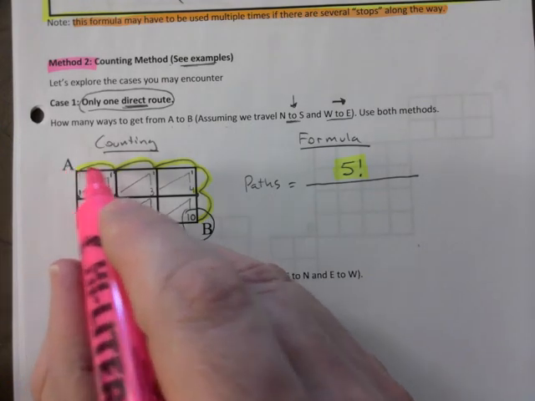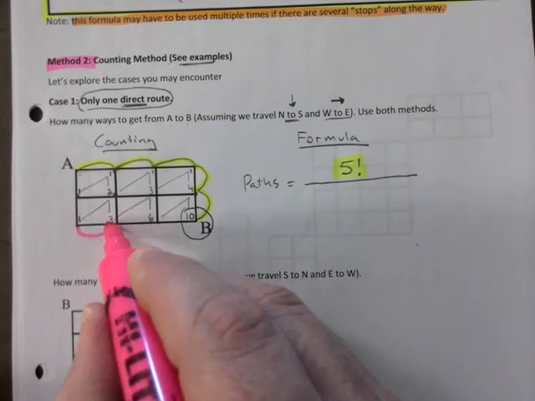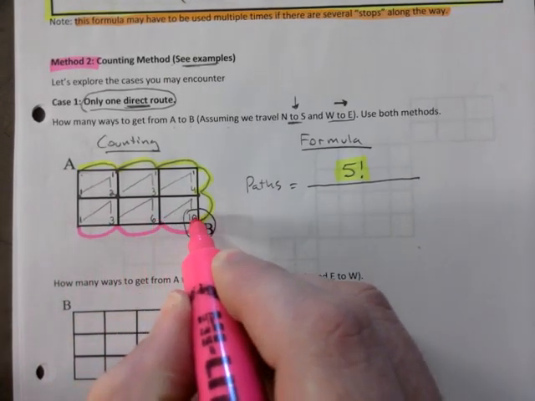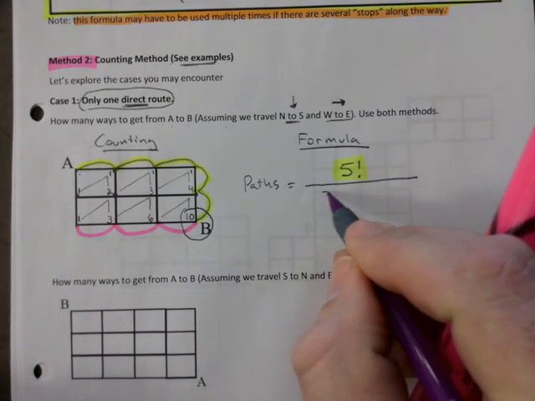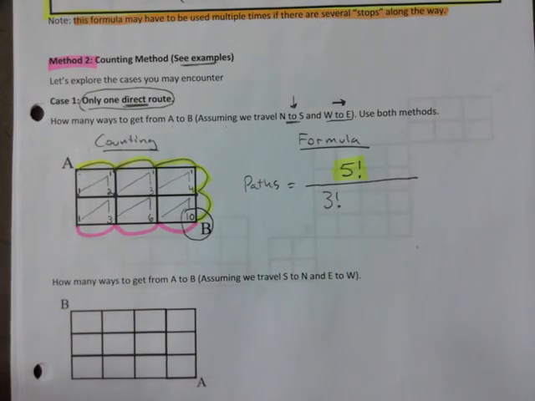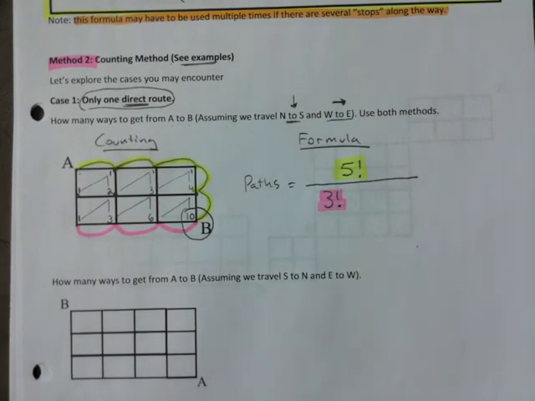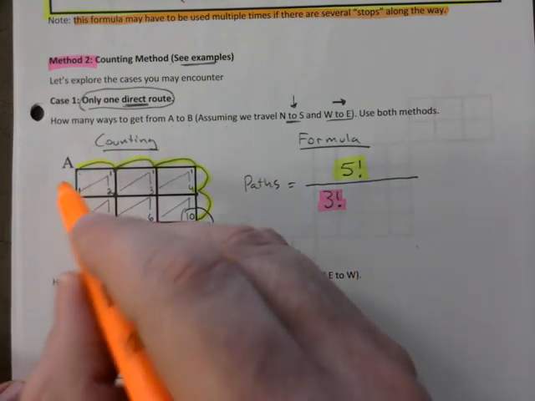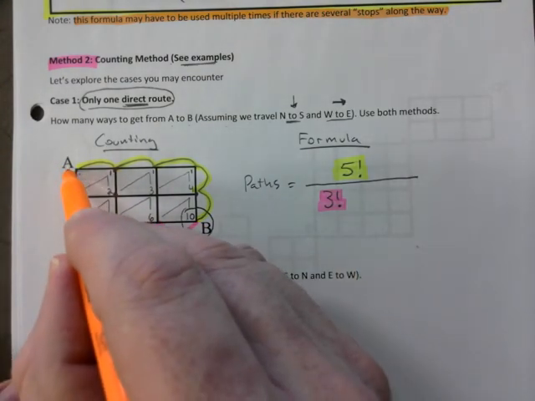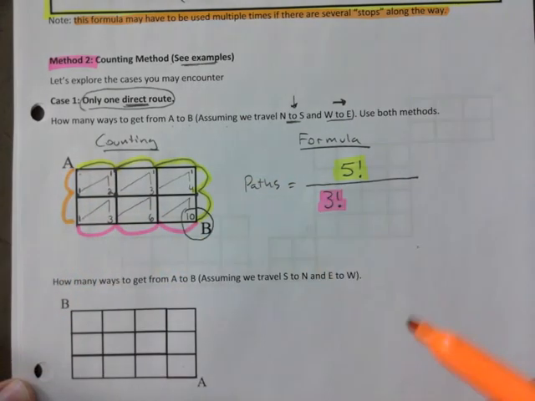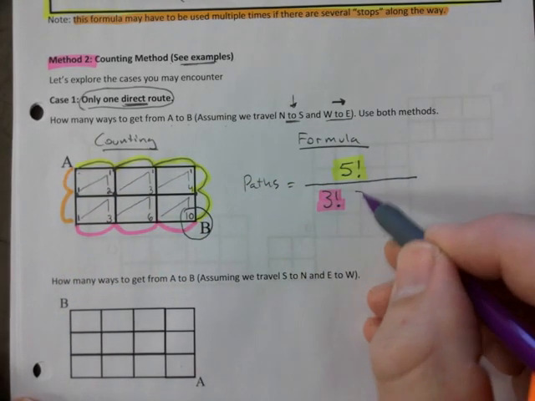So to go from here to here, you traveled 3 blocks horizontally. And that's where the 3 factorial will come in. And how many blocks did you travel vertically to go from A to B? And that is 2. Okay, so that's where the 2 factorial comes in.